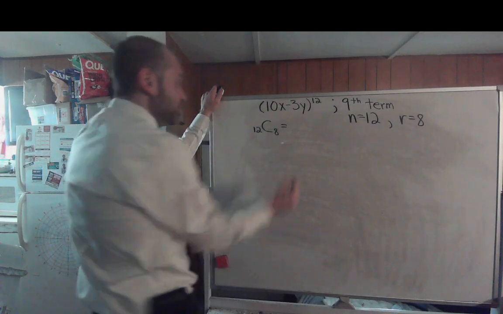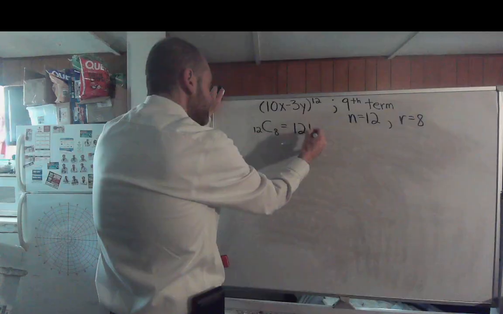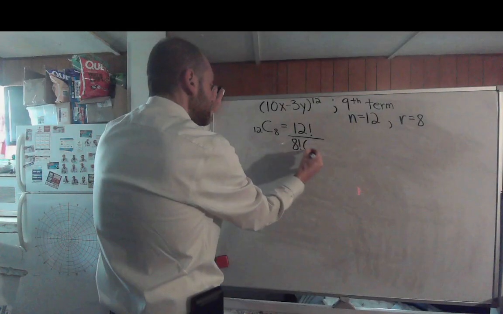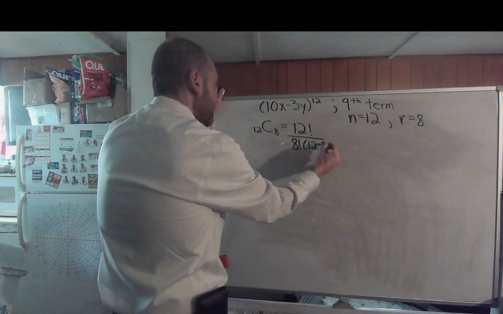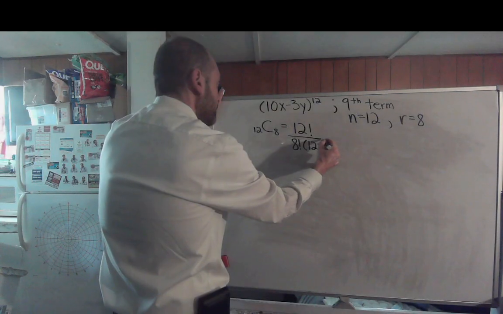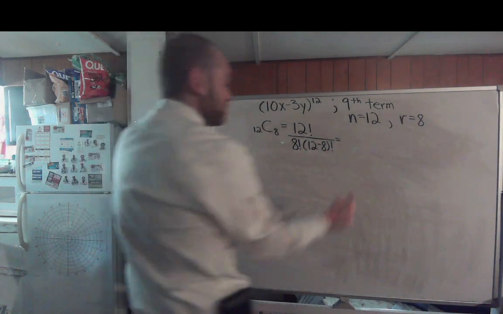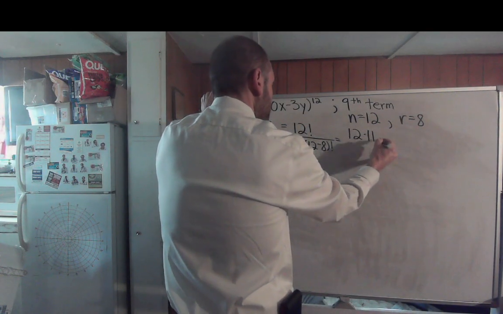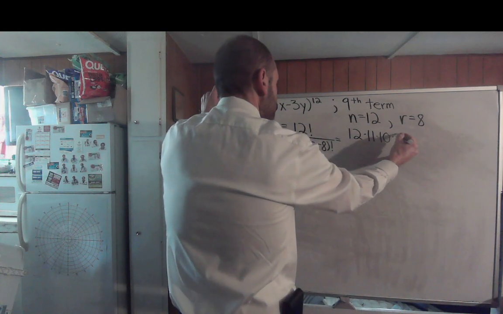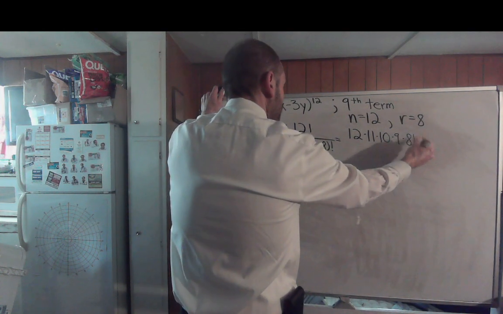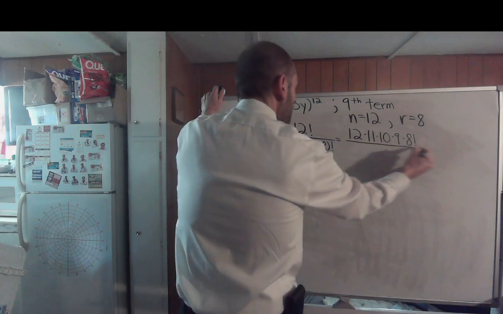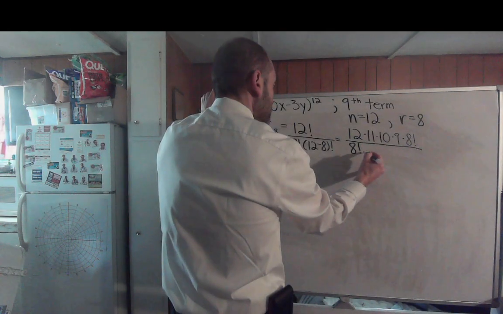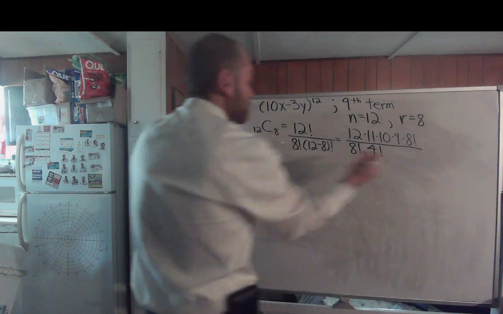Well, let's go ahead and do that. So we'll have 12 factorial all over 8 factorial times 12 minus 8 factorial. Well, this could simplify then into 12 times 11 times 10 times 9 times 8 factorial all over 8 factorial times 4 factorial.